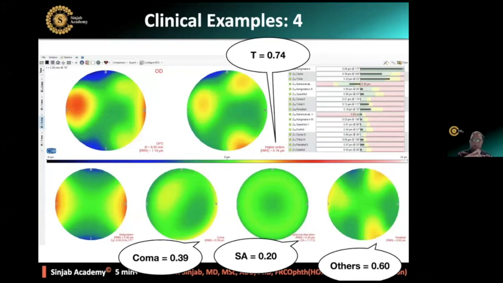What do I mean by this is, I usually decide that the patient has significant high order aberrations if the total is more than 0.35 microns in the Pentacam and Galilei, because I am able to select those 5 high order aberrations.